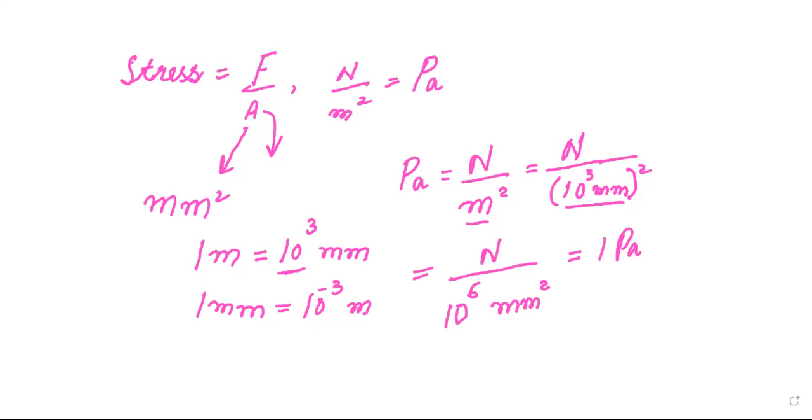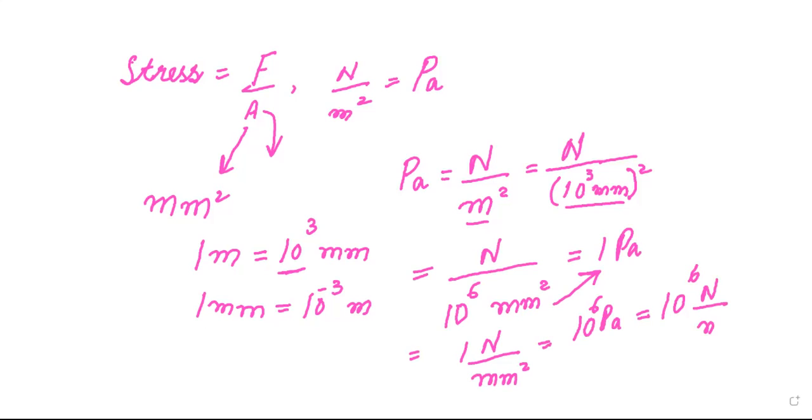We can therefore say 1 Newton per mm square is equal to 10 raised to power 6 Pascal, which is 10 raised to power 6 Newton per meter square, because 1 Pascal is 1 Newton per meter square.